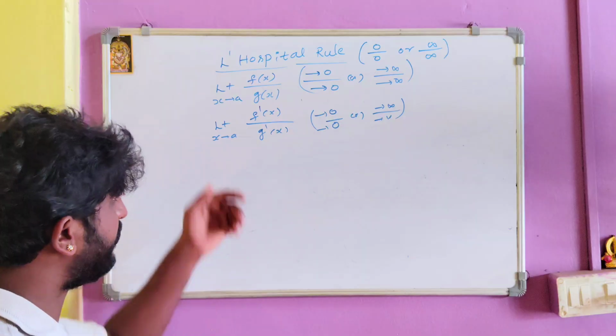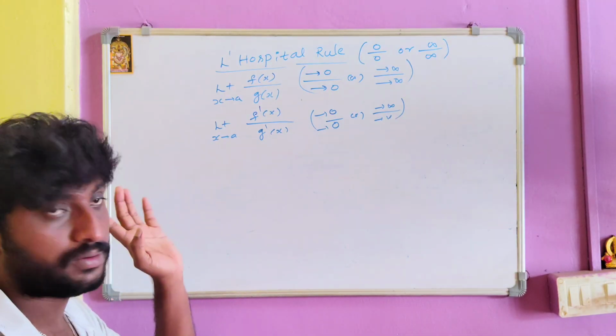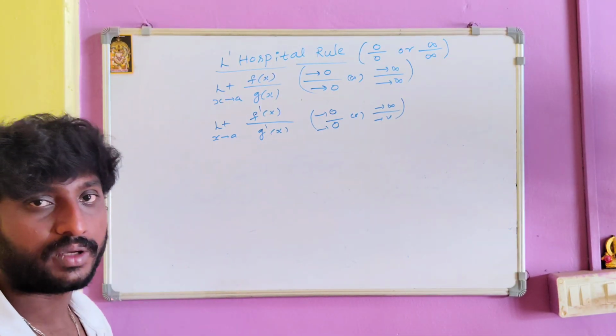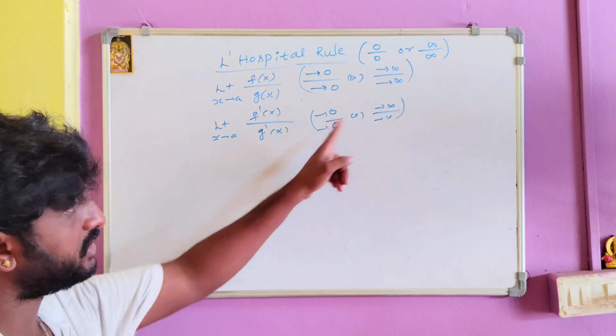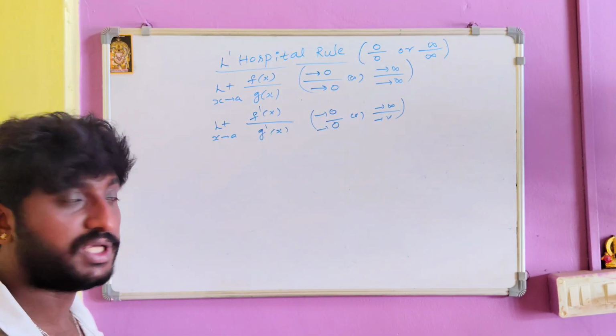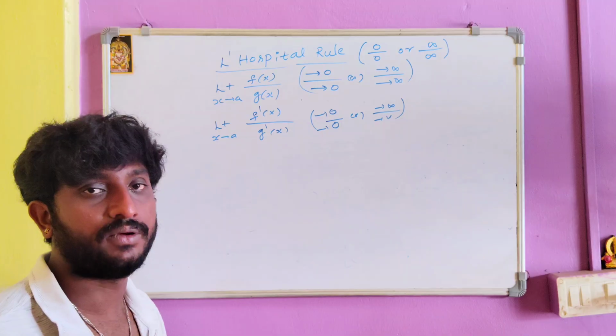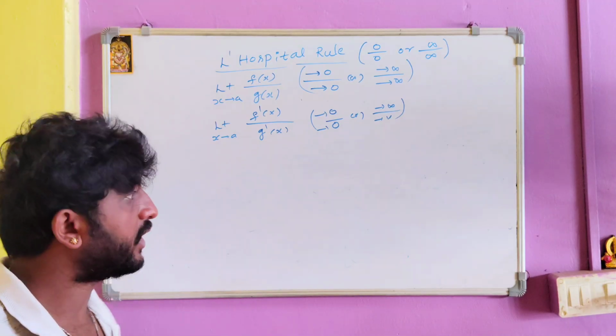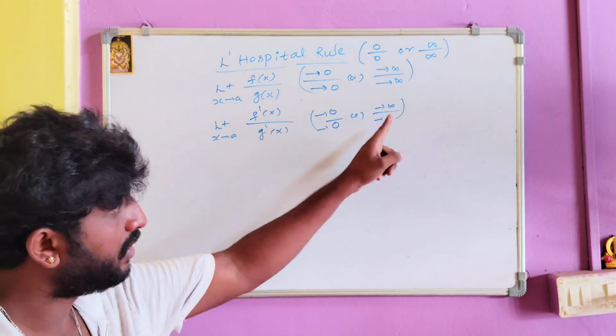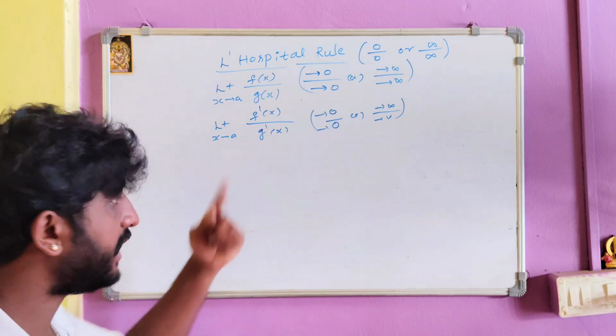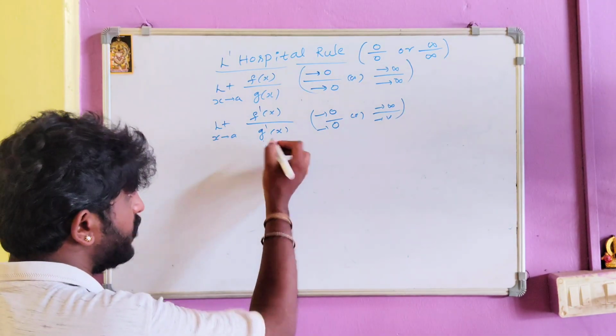If instead of getting these forms you get 0 or any finite value, that is fine. If you get 0 by 0 or infinity by infinity again, you need to continue the process.